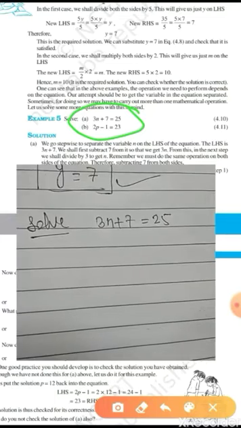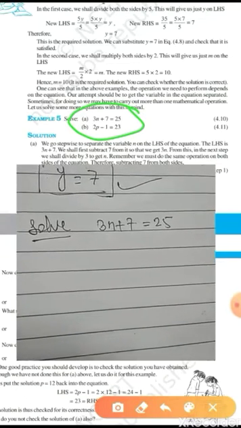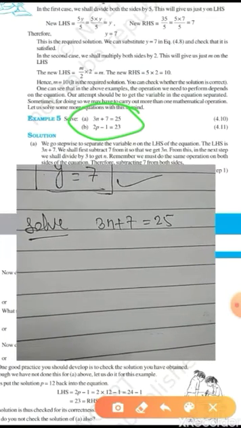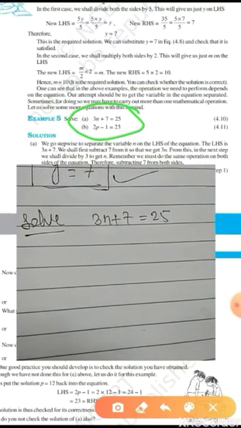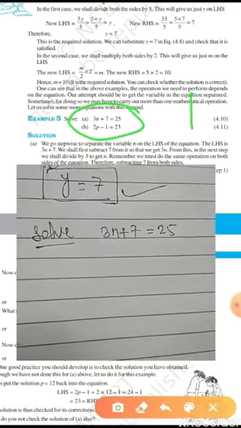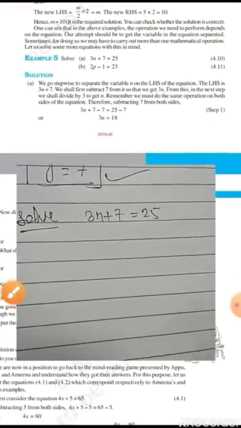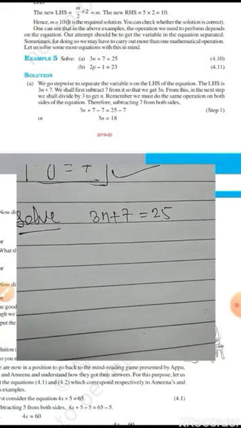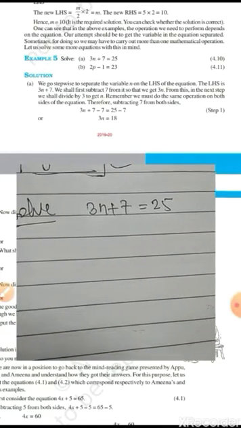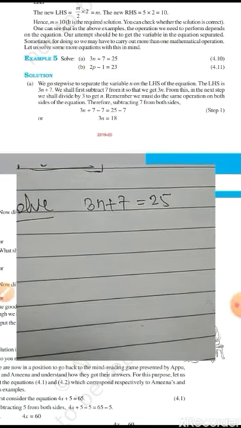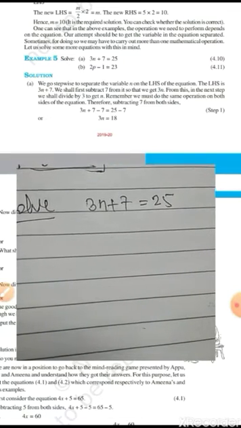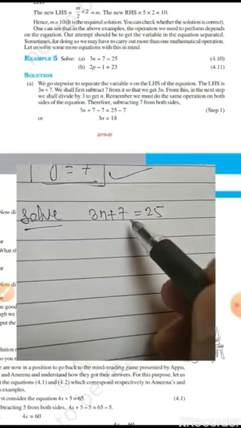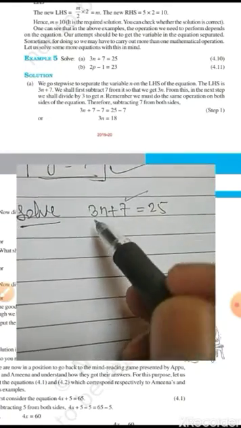Okay, so what is the first step to separate the variable n on the LHS of the equation? We shall first subtract 7 from it so that we get 3n from this. In the next step we shall divide by 3 to get n. Okay, so first of all remove this.